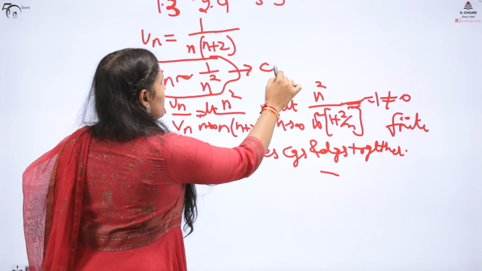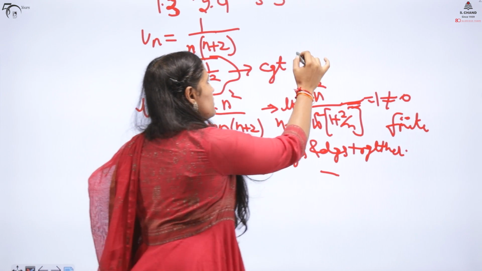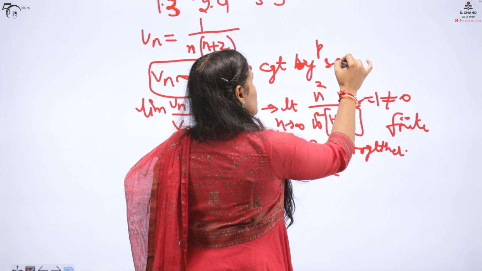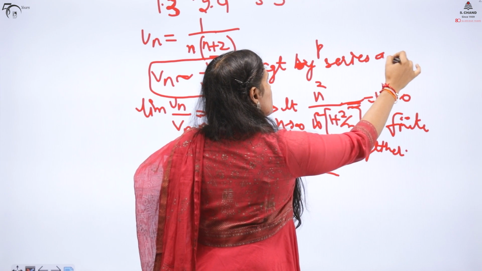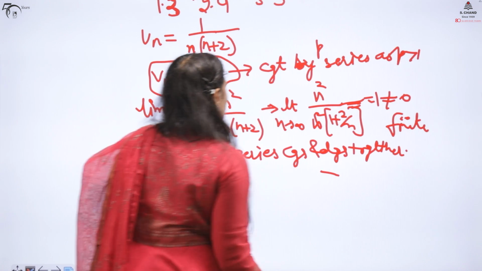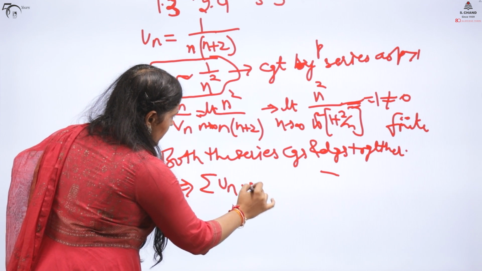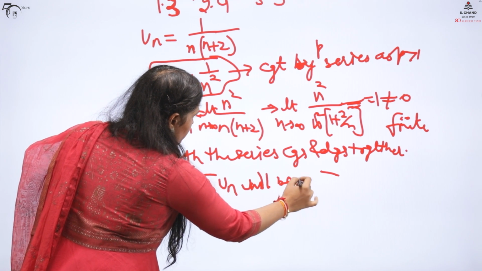दिस सीरीज इज कन्वर्जेंट बाय पी टेस्ट, सॉरी बाय पी सीरीज कॉन्सेप्ट एज पी इज greater than 1. So automatically summation un will be convergent.